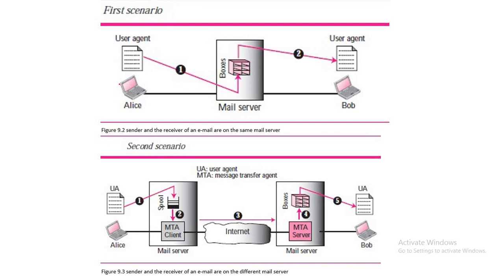There are two persons, Alice and Bob. There are two parties. Alice is the sender party and Bob is the receiver party. Alice is a user agent and Alice will send her mail to the mail server, and in the same way Bob will receive the mail from the mail server.